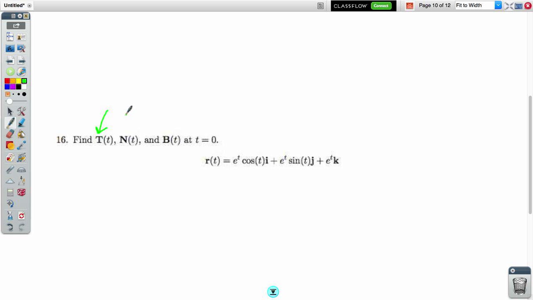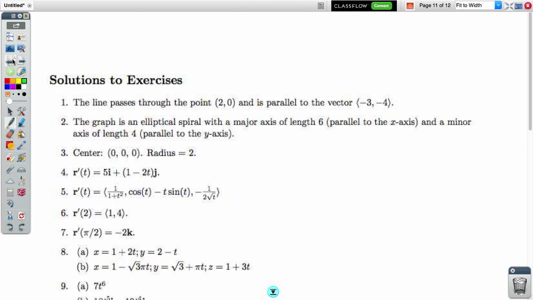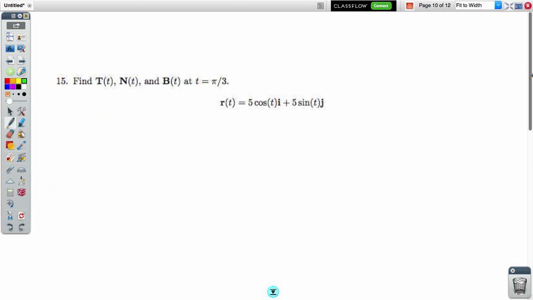It's just how we like to work with it anyway. Basically the same process finds you the normal, and then to find the binormal, you're going to cross those two together. So use the cross product to find the binormal vector, and you'll specifically plug in t equals 0 when you're done on those.